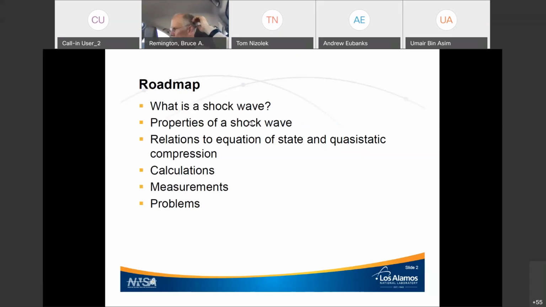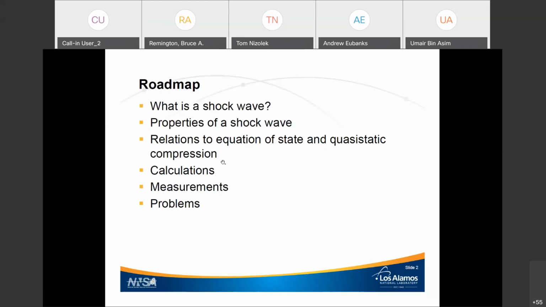We'll start out by discussing exactly what a shock wave is and the properties of shock waves. I will talk about relations to equations of state, and I'll touch on quasi-static compression, but only very briefly. There's not really much in the slides that deals with that.